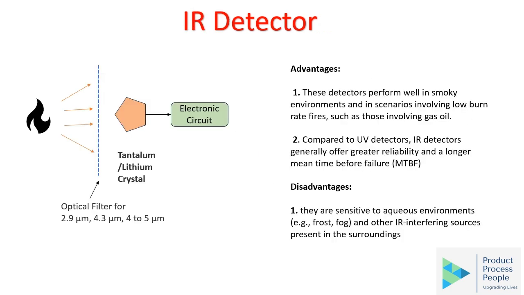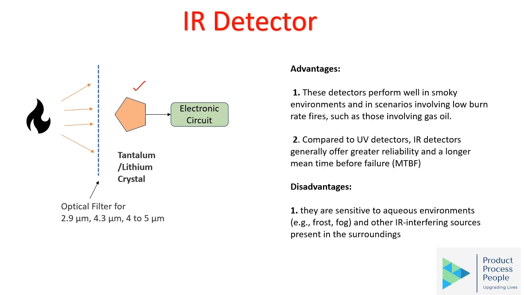Infrared detectors, or IR detectors, operate by detecting thermal radiation and are particularly sensitive to variation in the received light signal. These detectors use a pyroelectric sensor with tantalum or lithium crystal coupled with an operational amplifier and field effect transistor.